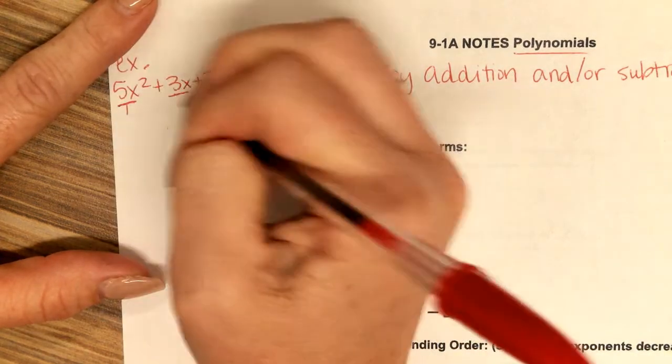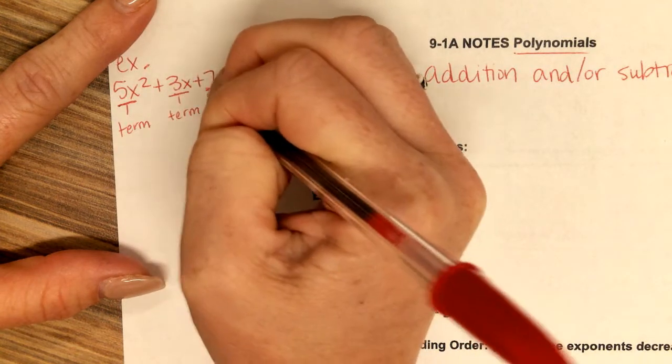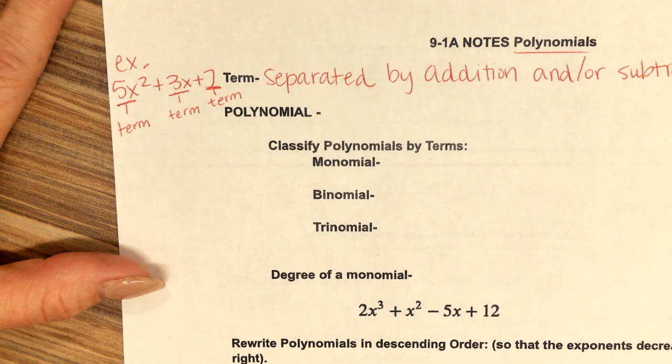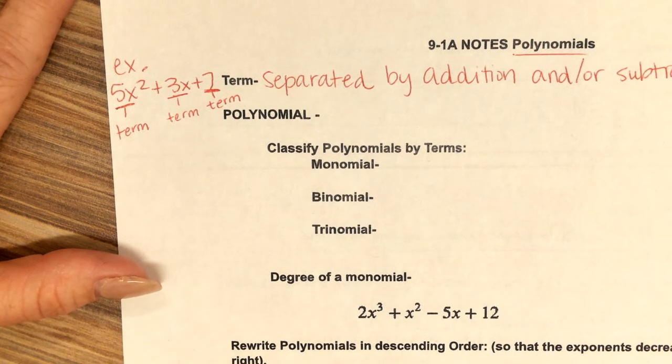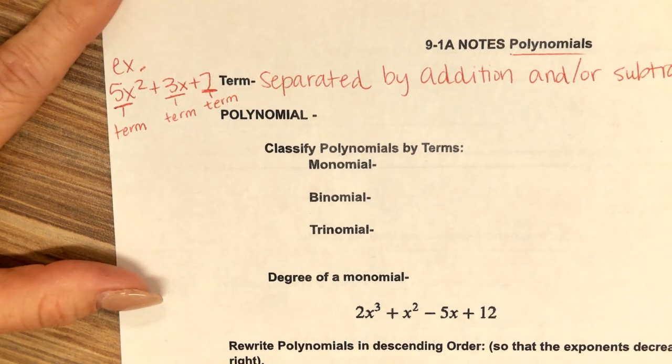So this is a term, this is a term. If you want to write that, you don't have to if you don't want to, and this is a term. Is everybody good with the term?